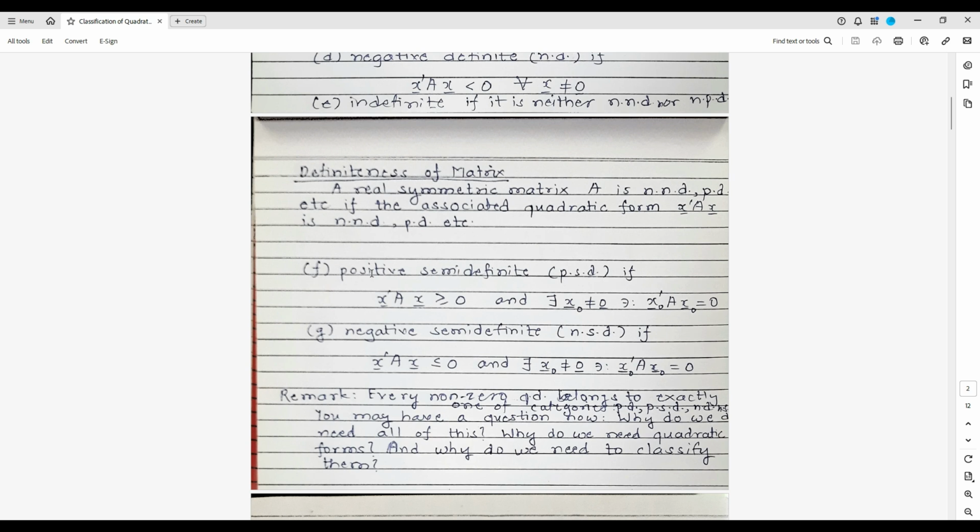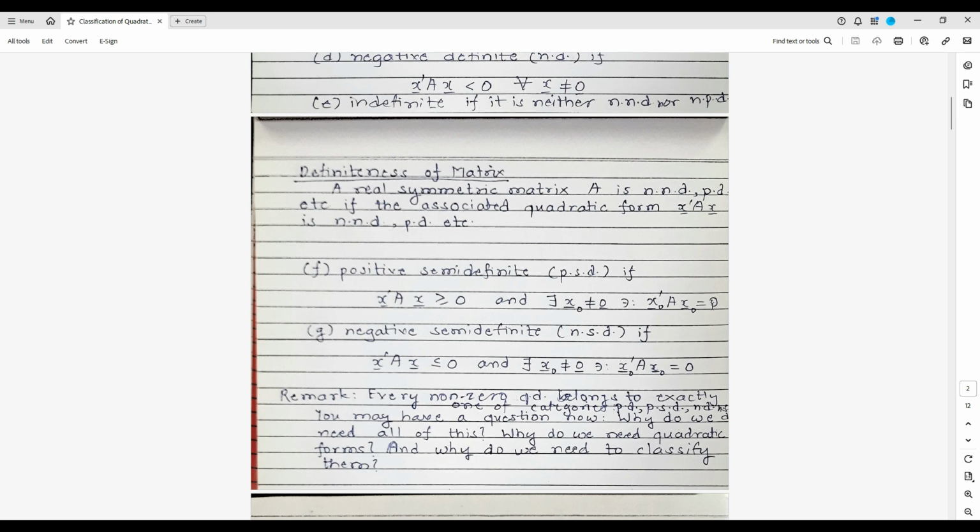A quadratic form is greater than or equal to 0 for every value of x, but there exists a non-zero value of x, called x naught, for which the quadratic form vanishes. So positive semi-definite means that we can come up with a non-zero vector x at which the quadratic form itself becomes 0.